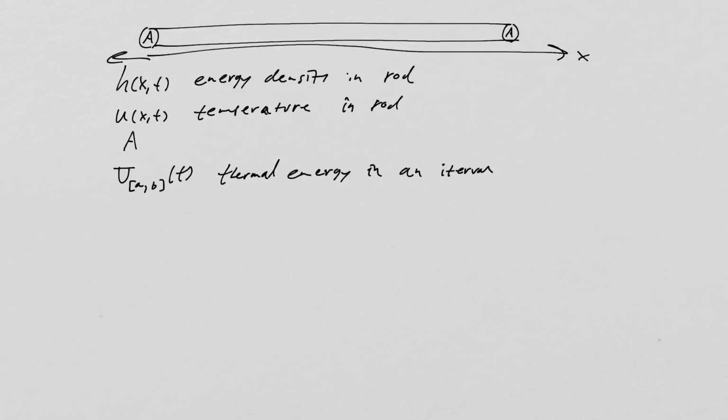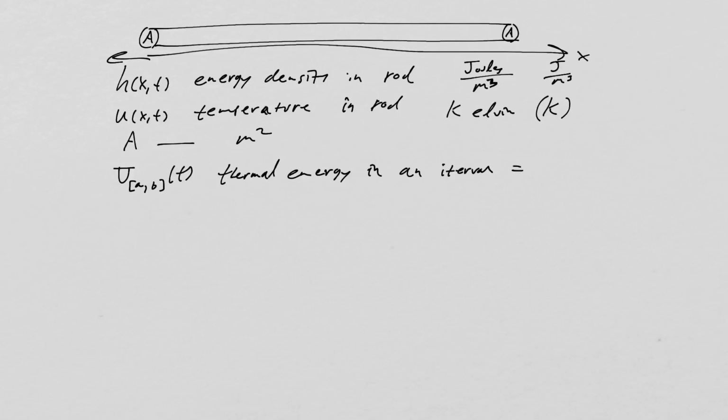Okay, so h of x comma t, that is going to be joules per meter cubed, per volume, right? Joules per meter cubed. Okay, and u is going to be in Kelvin, so we'll call it K. So J per m cubed, okay? And A, of course, is going to be meter squared, right?